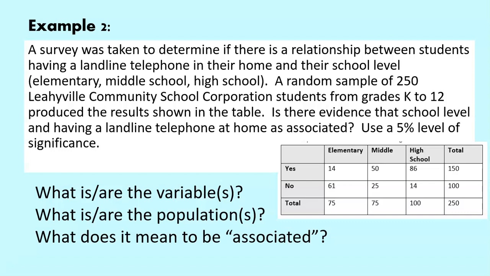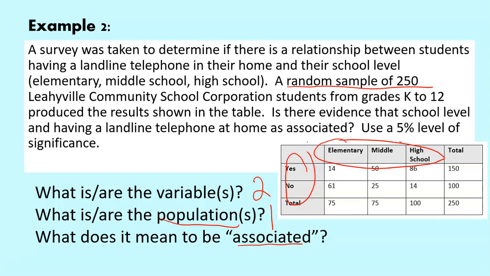All right, so we took a sample of 250 students and we asked them 2 questions. So we have one population, we have 2 variables. The first variable is the school level, and the second variable is, do you have a landline telephone at home? And associated means that there's a relationship between those.